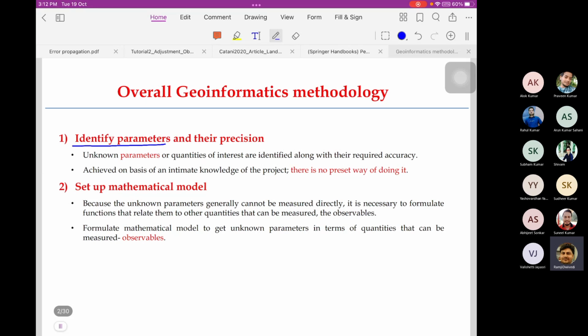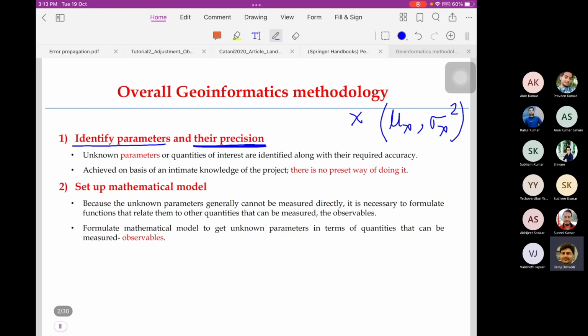Okay. And obviously we are not only interested in the parameter's final value or the so-called output value. Instead we are more interested in with how much precision we are achieving it. So if I say x is your final deliverable, your final output, we are interested in not only the mu x but also the sigma x square. This is our job.